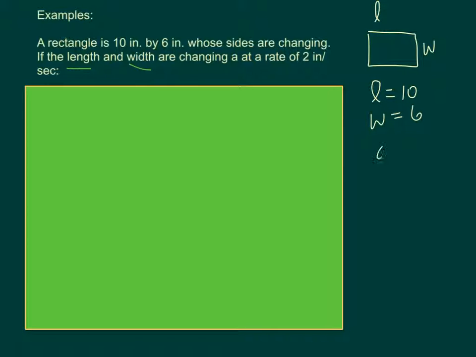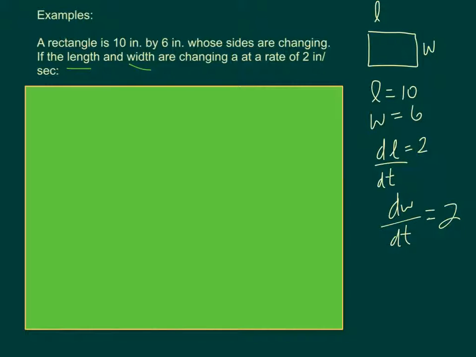So our change in length is going to be 2 inches per second. Our change in length with respect to time, of course. So dl/dt is going to be 2. And our dw/dt, our change in width with respect to time, is also 2.